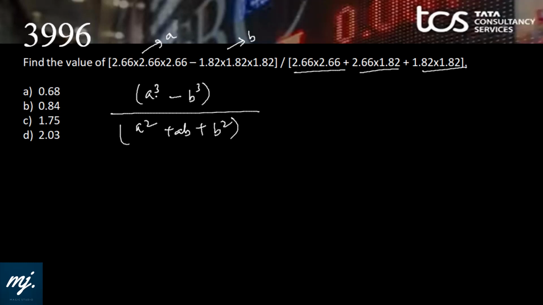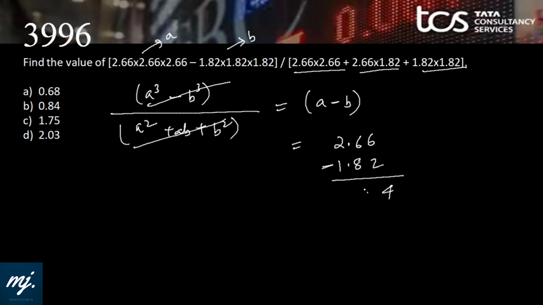And we know A cube minus B cube is A minus B into A square plus AB plus B square. So this will just give us A minus B. We require 2.66 minus 1.82, that is 0.84, and that is in option B. Let's move on.